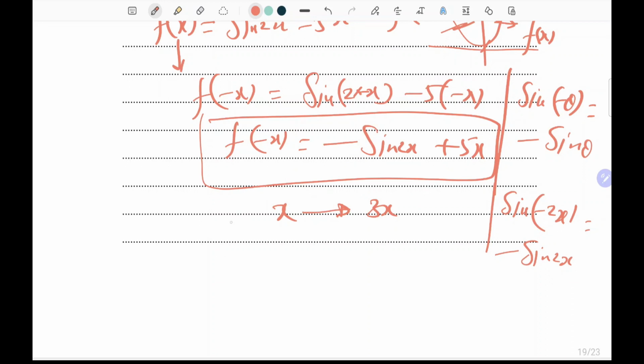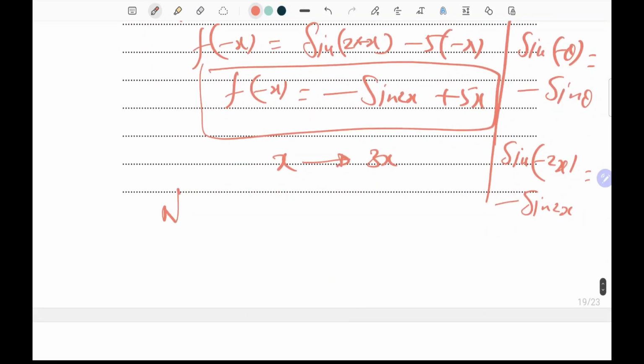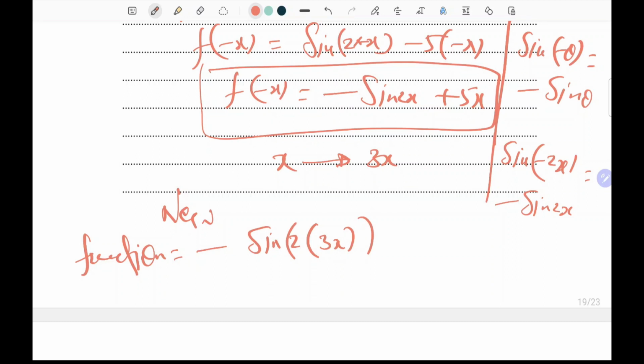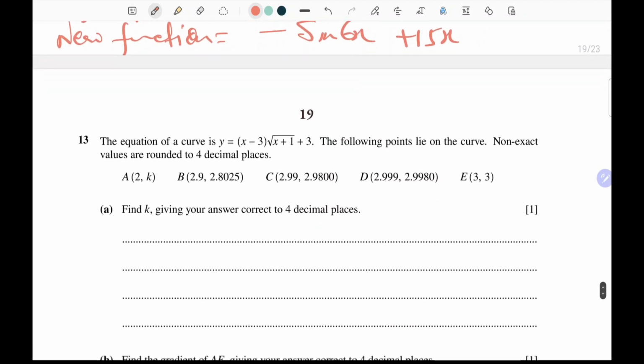So my new function will be minus sine 2 times, x has been changed to 3x, and plus 5 and x has been changed to 3x. The transformed function, I would say, is minus sine 6x plus 15x. This will be the answer.